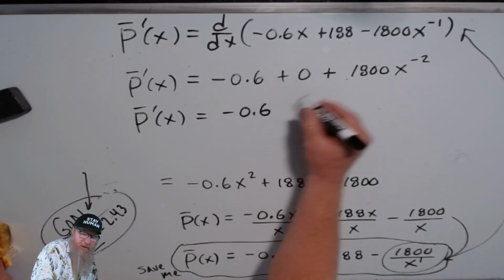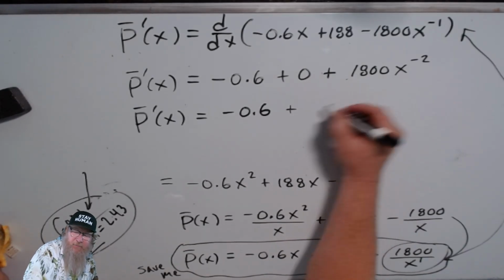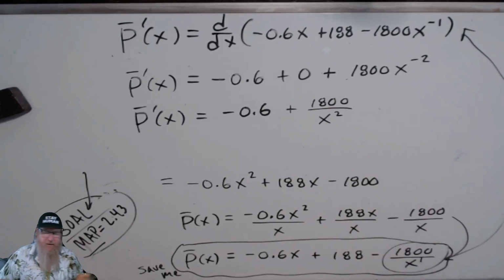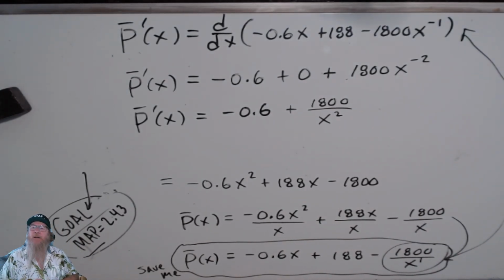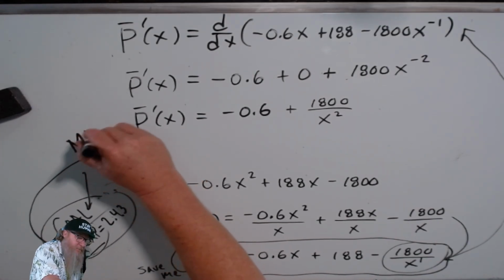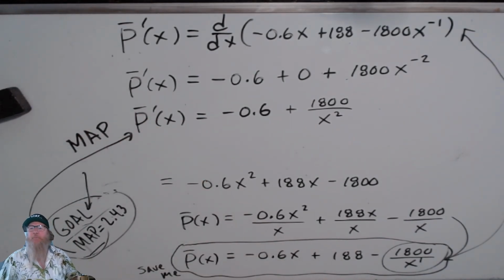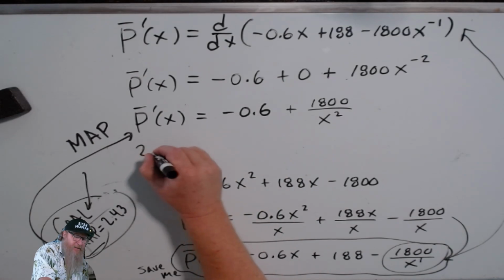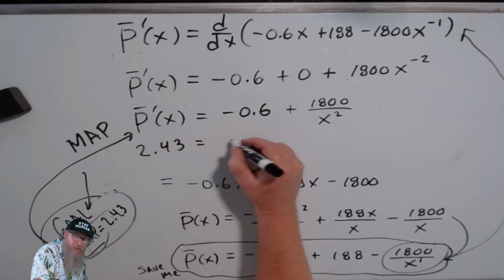Go ahead and get rid of the 0 and write this as 1800 over x squared. So this is sometimes called the MAP, marginal average profit. My goal was to set this equal to $2.43.